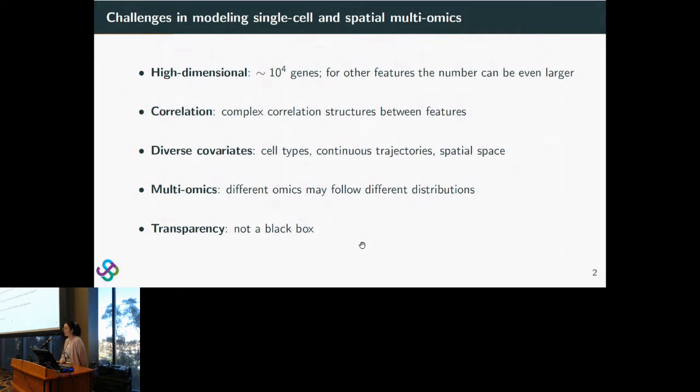The sequenced cells can come from diverse covariates, including discrete cell types, continuous trajectories, and spatial locations from spatial transcriptomics data. Data from different omics may also follow different distributions when we model them. Lastly, we also want transparency in our models, so that the model parameters are interpretable and we can find biological patterns through them.